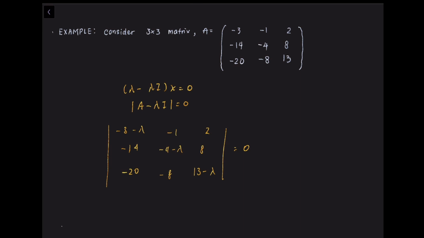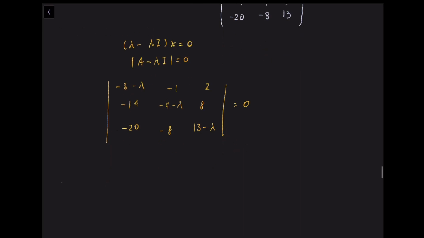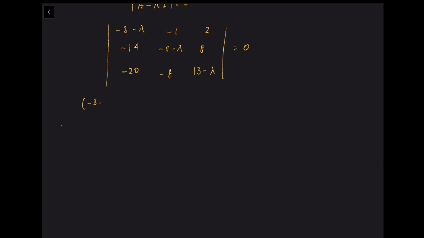Now, we are going to find, using the determinant method, the roots, which are the lambdas. So, after solving it, we'll obtain lambda equals 1, 2, and 3.